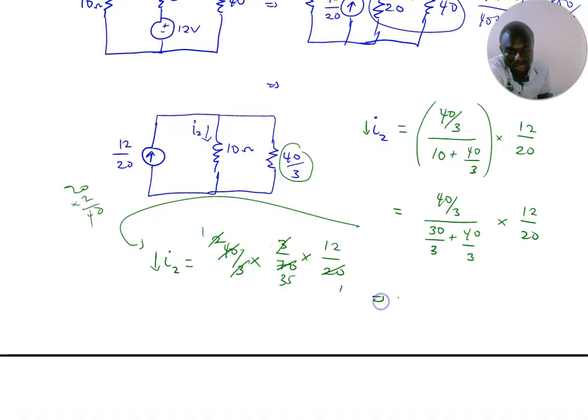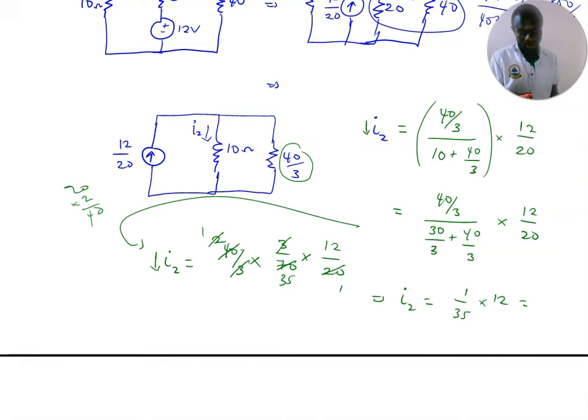What do we get? We get the I2 to be, so we have 2 goes here 35. So at the end, this one has been cancelled out. So we have 1 on 35 times 12. And what's the final answer to this? That is 12 divided by 35.